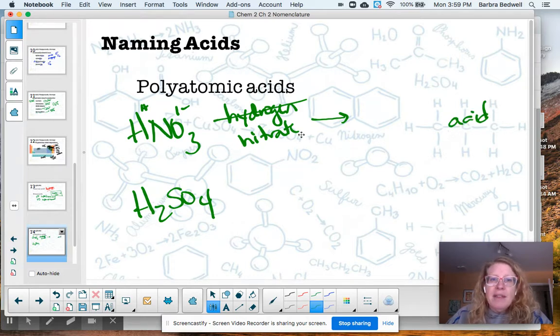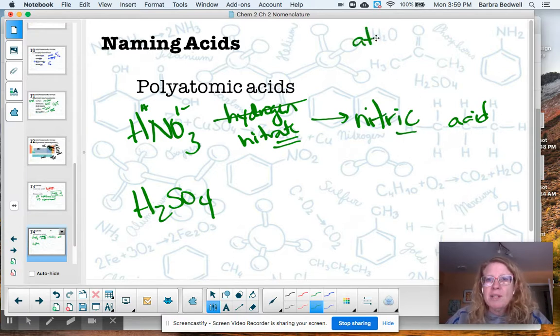The nitrate, we're going to change slightly. We change this ending to ic, nitric acid. So we have one translation, ate becomes ic. So if you ever have a polyatomic that ends in ate, the name of the acid ends in ic instead.